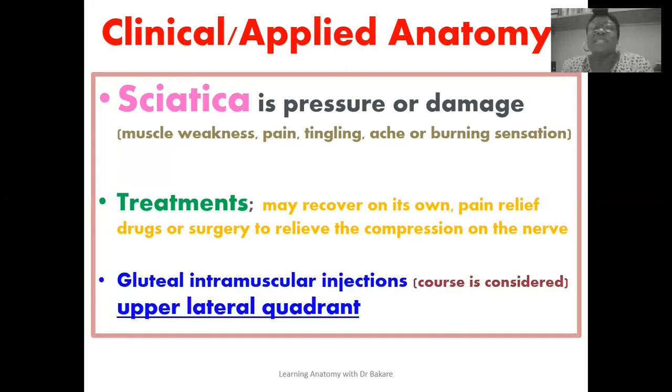Then also during intramuscular injection in the gluteal region, the course of the sciatic nerve is usually considered. And this is why this injection is usually given at the upper lateral quadrant of the buttocks, so as to escape the path of the sciatic nerve.